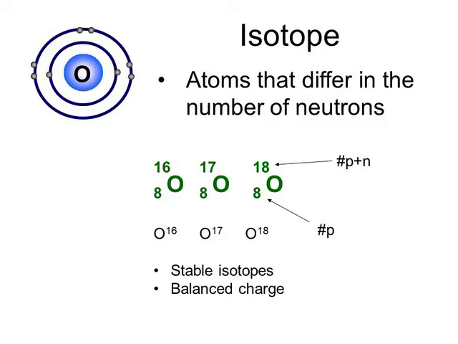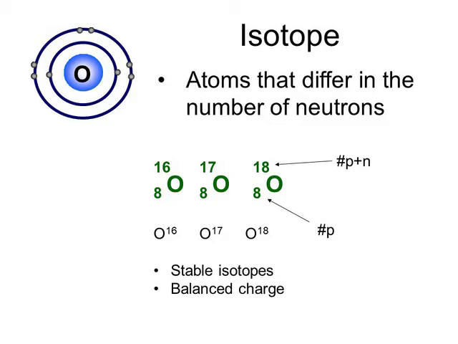Oxygen 16, which has 8 protons and 8 neutrons, is the normal and most abundant oxygen that we have here on Earth. But you also have oxygen 17 and oxygen 18.